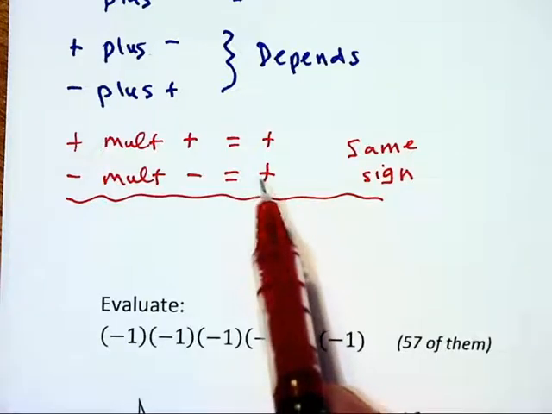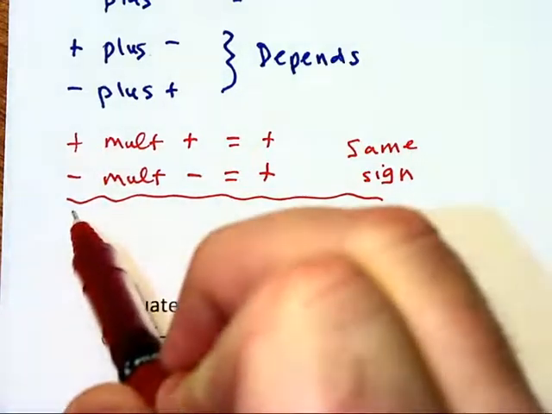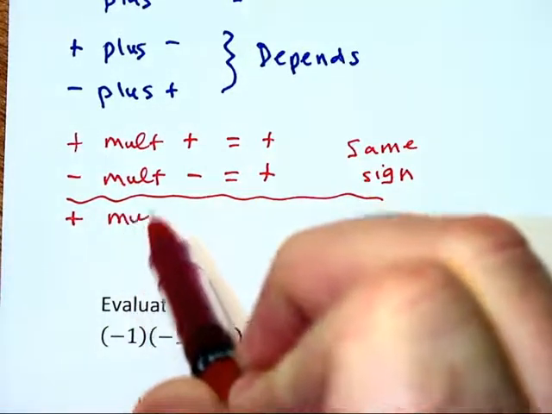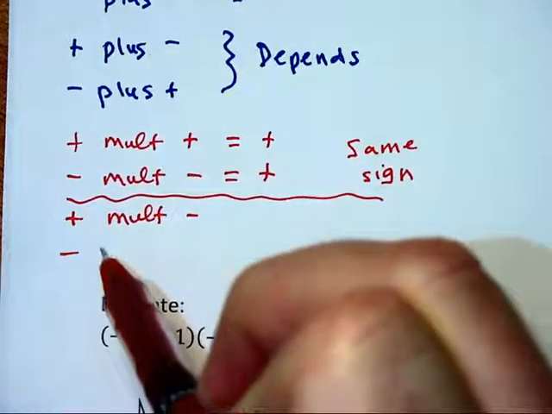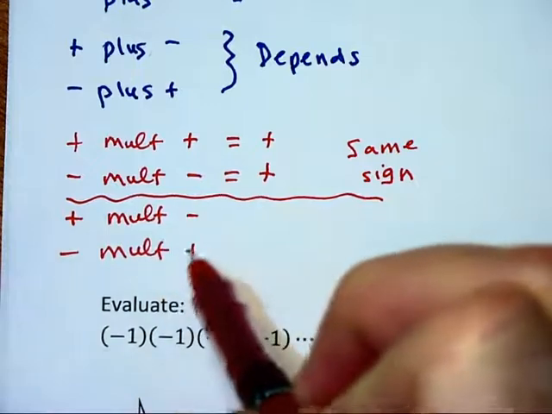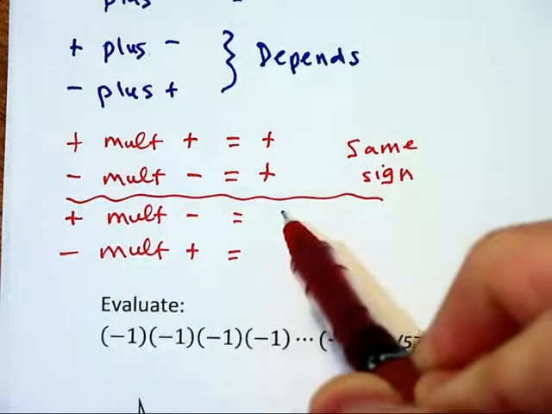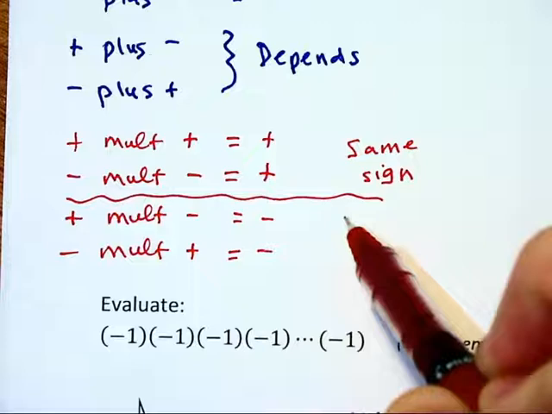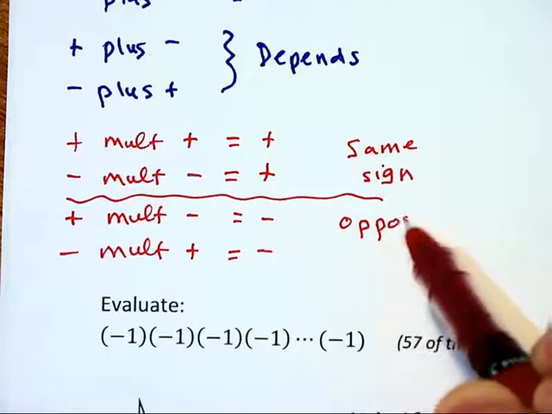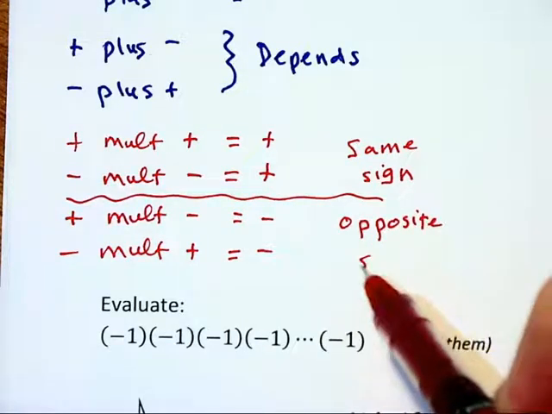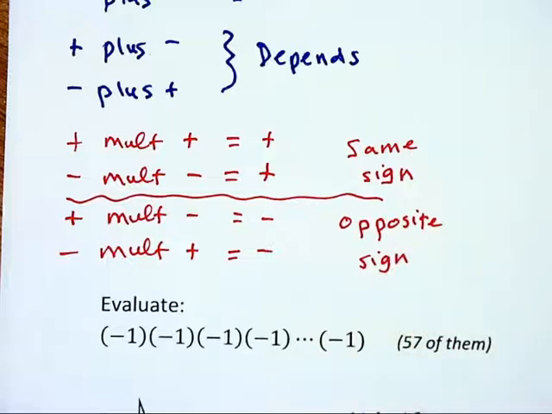multiplication problem, is positive. If, however, you have a positive multiplied by a negative or a negative multiplied by a positive, in both of those two cases you have the opposite sign in your two factors, and the product will be negative.